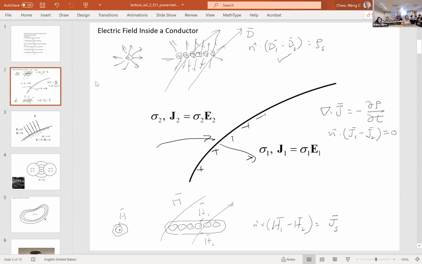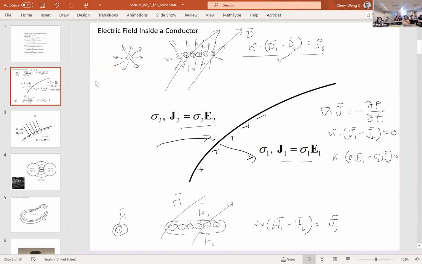Over there, we have some surface charges, but we do not have anything that is singular on the right-hand side. So since the normal component of the current must be continuous, and since we have a conductive medium, the two currents are of this manner, so we end up with sigma 1 E1 minus sigma 2 E2 must be equal to 0. But this seems to be in contradiction with this equation over here.